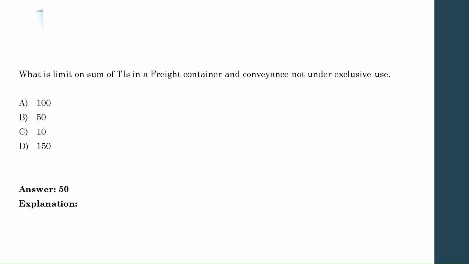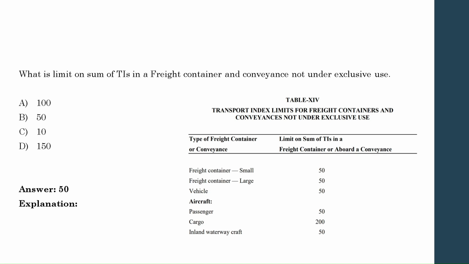So we have seen that the maximum TI is 10. But suppose a vehicle is going in which multiple parcels are there. What is the limit on the sum of TIs in a freight container or conveyance not under exclusive use, means under routine conditions of transport? So the right answer is 50.